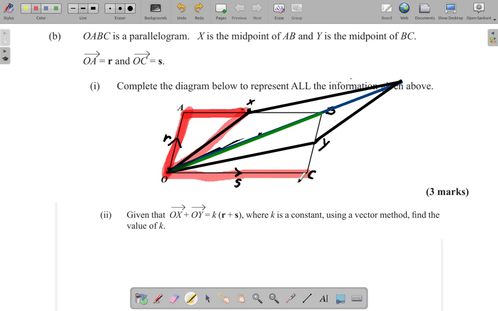AB is S. AX is half of that, so it's half S. Alright? So let me remove this extra working and get down to business here.